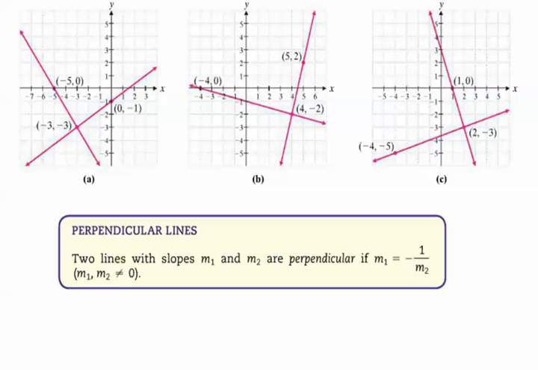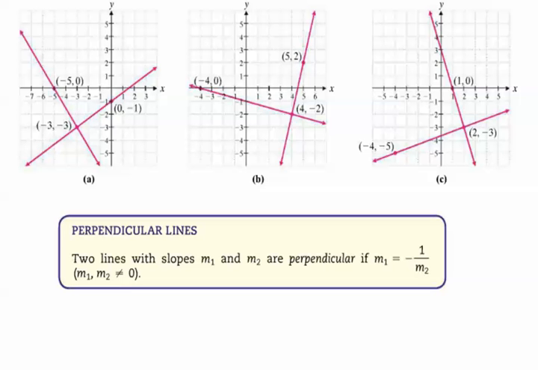You may not be able to tell, but these intersecting lines all appear to be intersecting at right angles. It's hard to tell because they're not horizontal and vertical, so it's not necessarily easy to tell. But we're going to assume that they're perpendicular, and let's look at the relationship between their slopes.